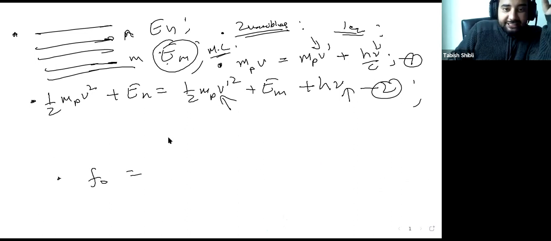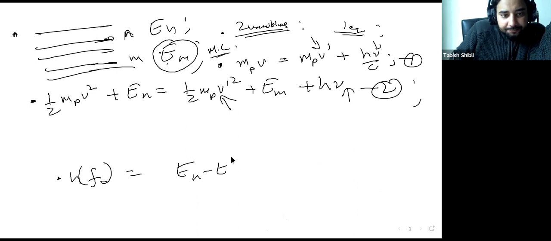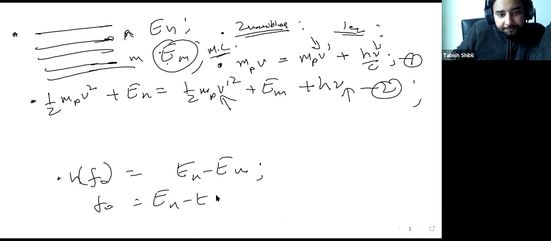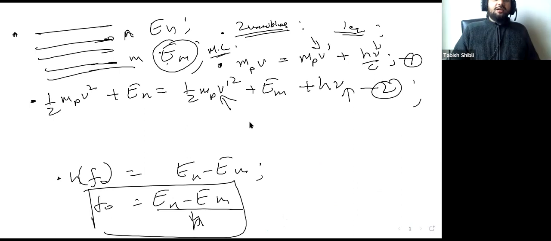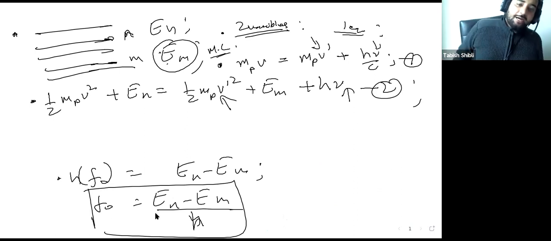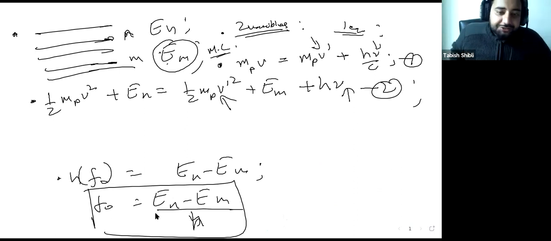When it's stationary, the frequency f naught is just going to be En minus Em over h. So wherever En minus Em shows up, just replace that by f naught, and you will have the right answer.